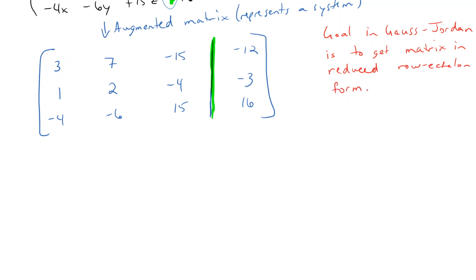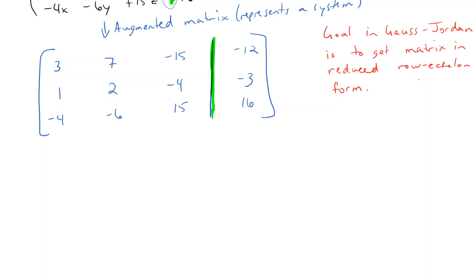So in Gaussian elimination, if you were to explore that, it would just be row echelon form, not reduced row echelon form. And that technique has a mix of elimination and substitution. Gauss-Jordan, you just do elimination, and you do all your work in the matrix. And that's what we're going to focus on. So what is our goal here?